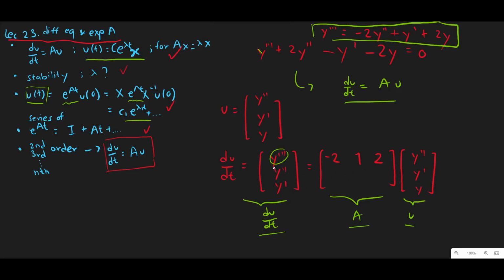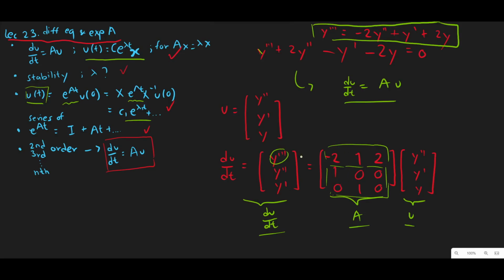So the second order of y is equal to the second order of y and 0 of the rest. And the same thing goes here. The first order of y is 0 of second order, and 1 of the first order, and 0 of y. So you will always have that kind of trivial matrix here below, and the particular one here at the top.